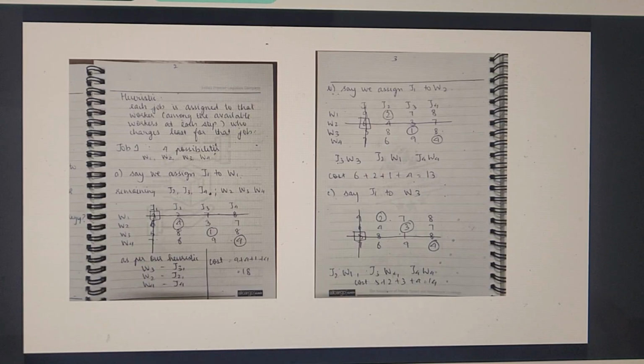For every worker you see which job he or she is charging the smallest amount of money for, and you assign that job to that worker. But the problem, like we saw in this example, is there might be multiple workers who charge minimum for the same job, and if the second worker's minimum is better than the first worker's minimum, then when you have already assigned the job to the first worker, you are in a spot of trouble.